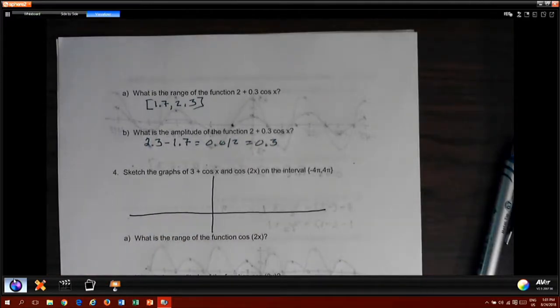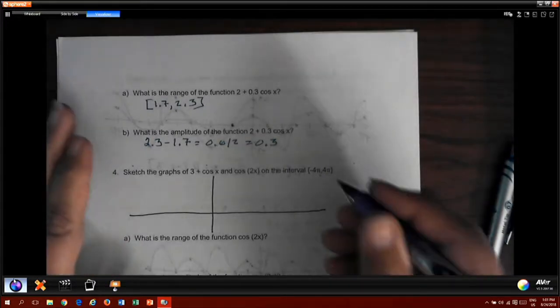We're going to do 3 plus cosine x, and then cosine of 2x on the same.